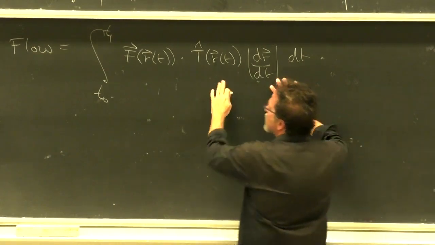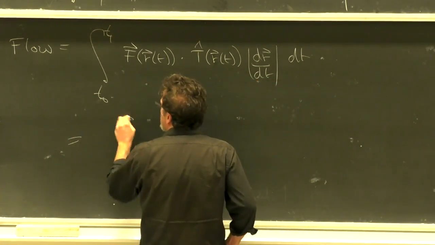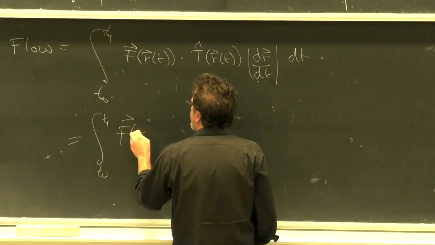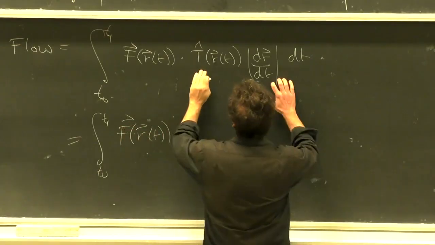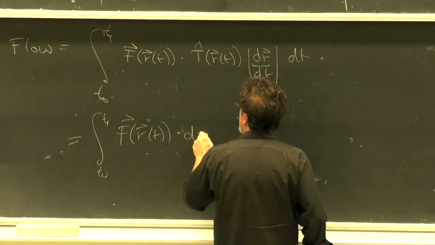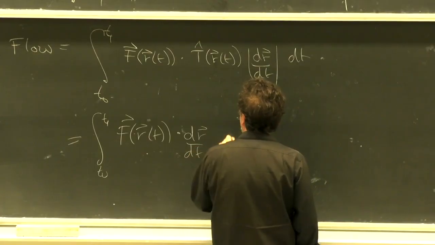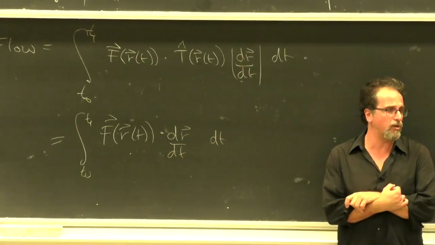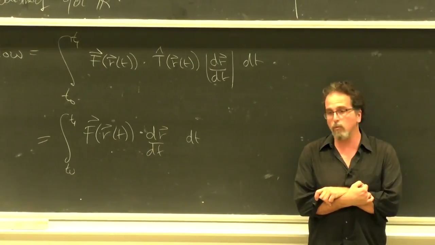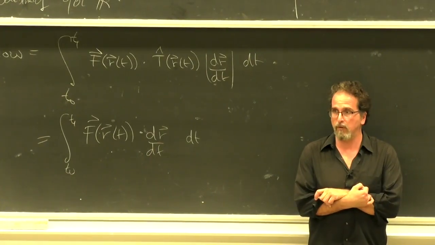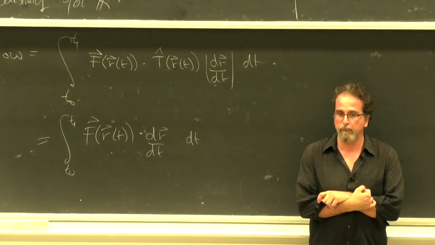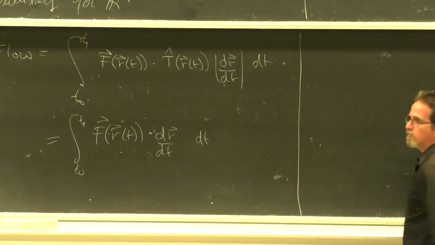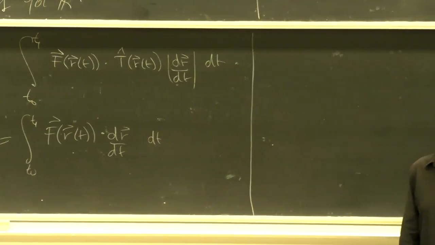And of course, this combination is simply F of r of t dotted with dr/dt, dt. So as I said last time, you really want to parameterize the curve and compute it this way. This will work every time. That's flow.